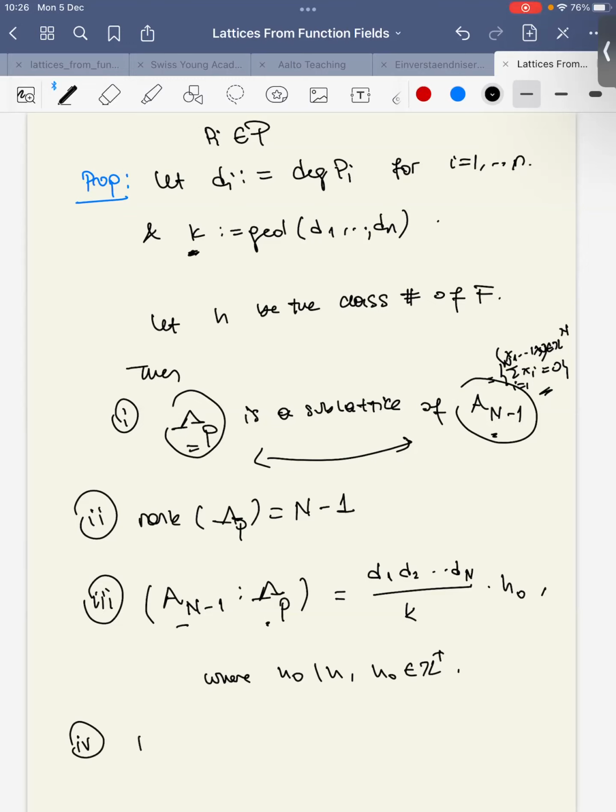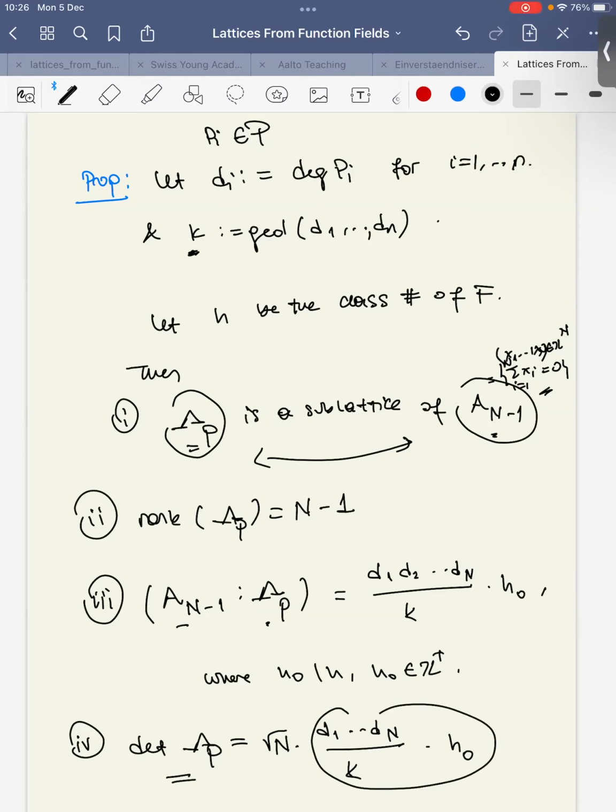And the determinant of Delta_P can be computed as the square root of n, again, times the product of the degrees of the places we consider over their greatest common divisor, times h_0. So this index times the square root of n gives us the determinant of the lattice.